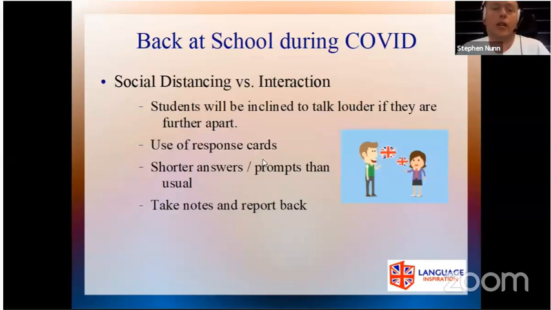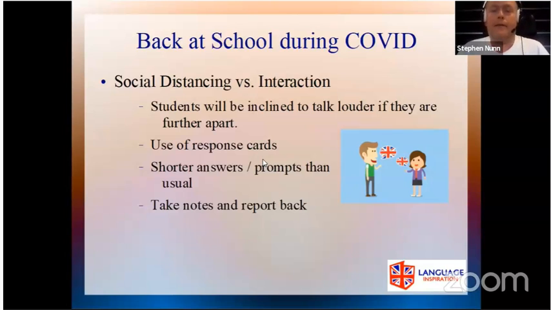Also, something which may take place, of course, with the social distancing, interacting in the class may be difficult. If students are 1.5 meters or 2 meters apart, they may be inclined to speak more loudly. So we may need to adapt the approach we use to speaking in class.